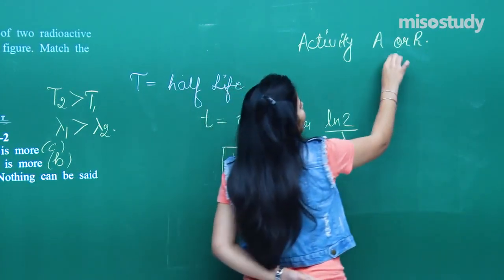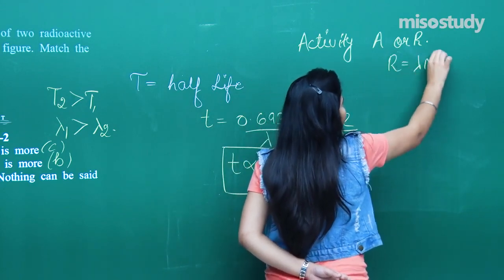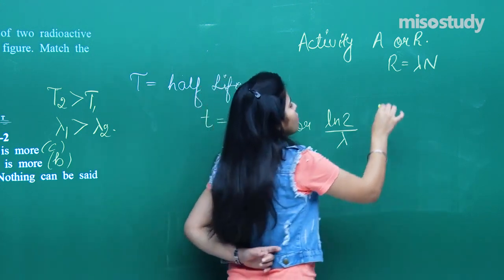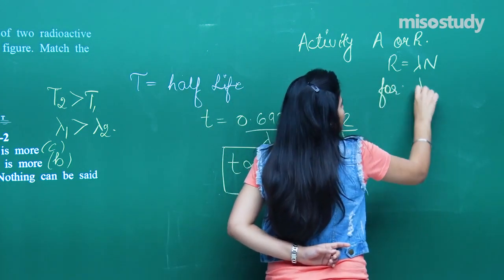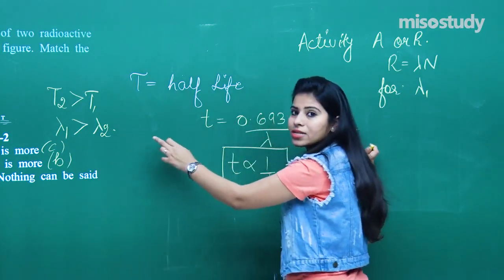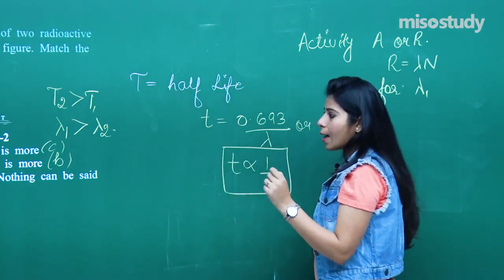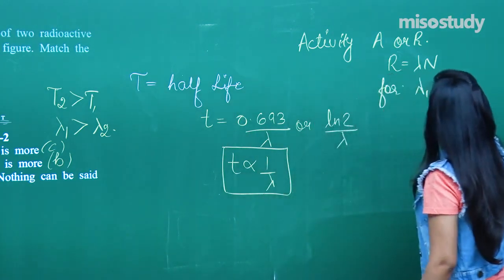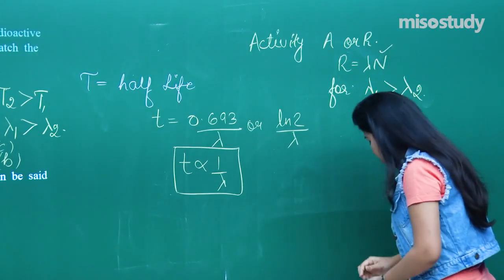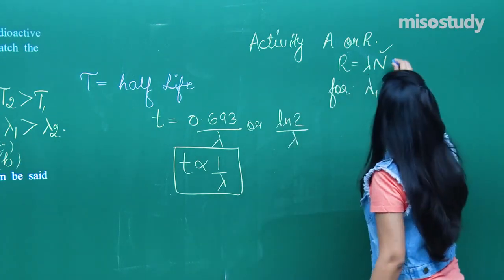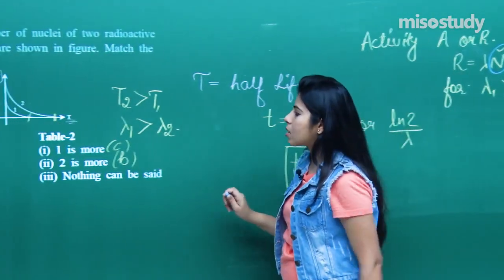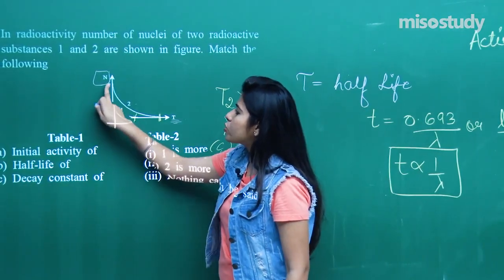And we know that R equals lambda N. So what I can say is, since lambda 1 is greater than lambda 2, let me write lambda 1 is greater than lambda 2. But if I take the case of N, you can see from the graph, come with me, N for 2 is more.